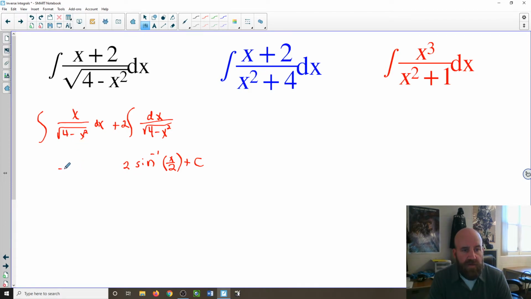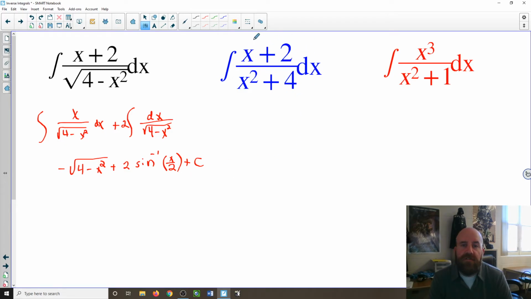So we would end up with a negative square root of x squared. Let's see. So roll through the u substitution, make sure you get that as an answer.